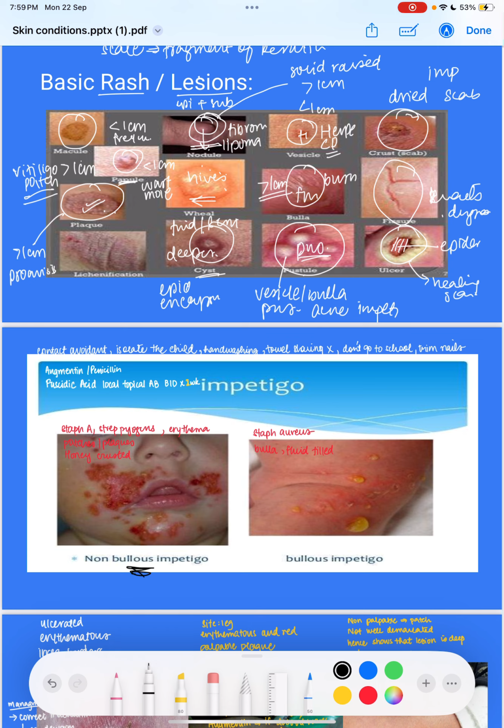Now हमने बोला क्या कहा था कि these are fluid-filled raised lesions, and these are more than 1 centimeter, so these are bulla. And for the bulla, we'd say that the surrounding skin is erythematous.